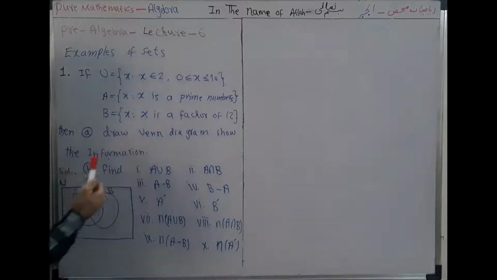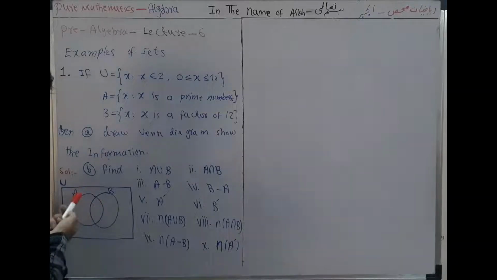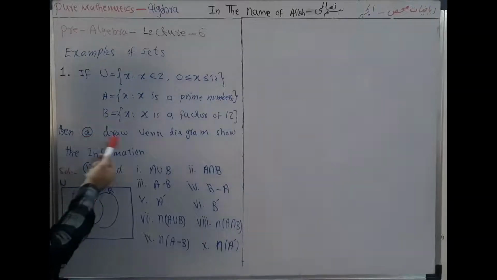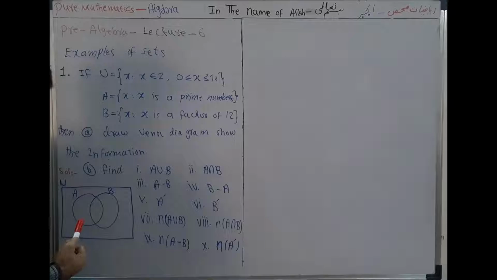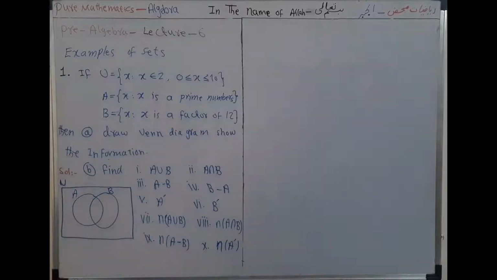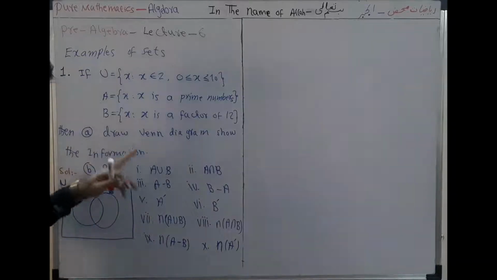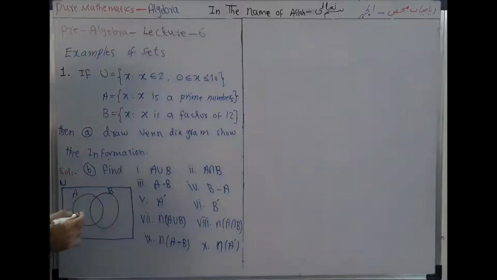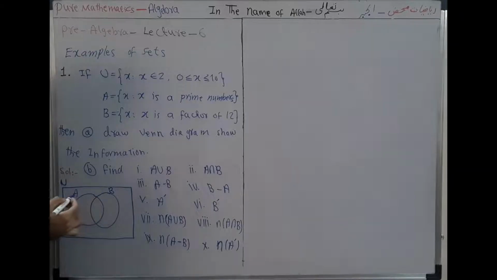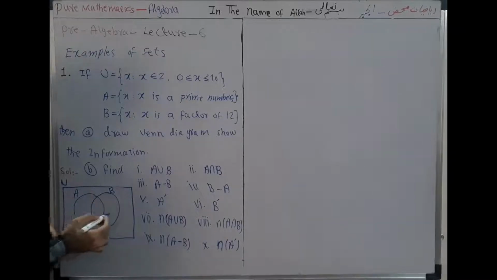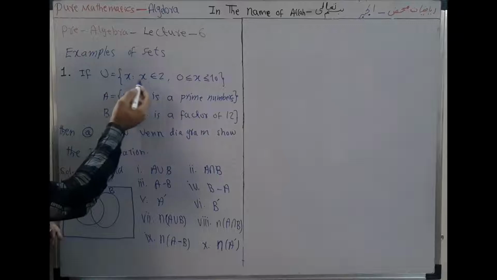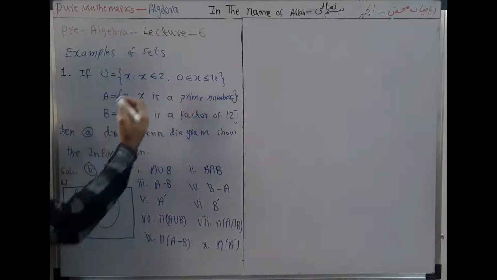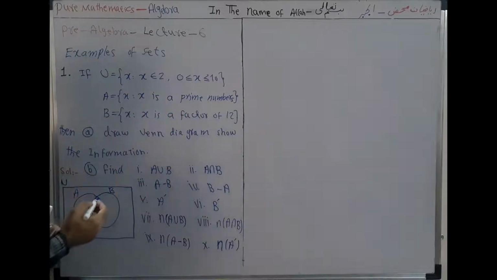First, we want to solve this example. First of all, we want to draw the Venn diagram. It is set A and it is set B. Set X, that is U, is from 0 up to 10.